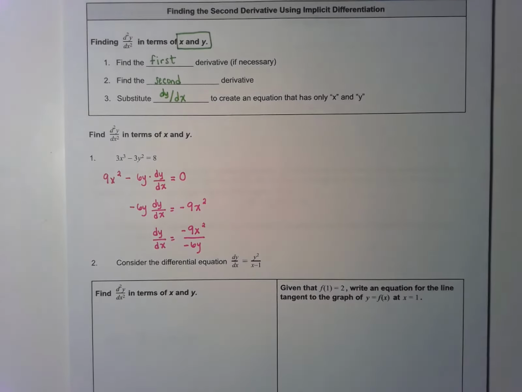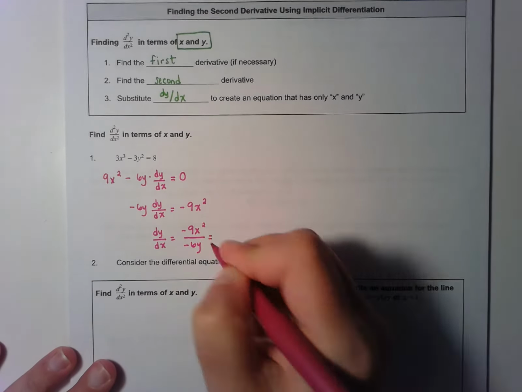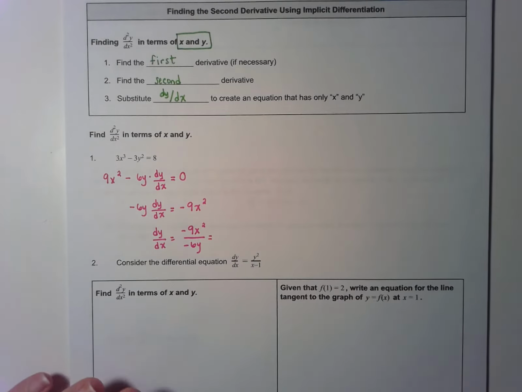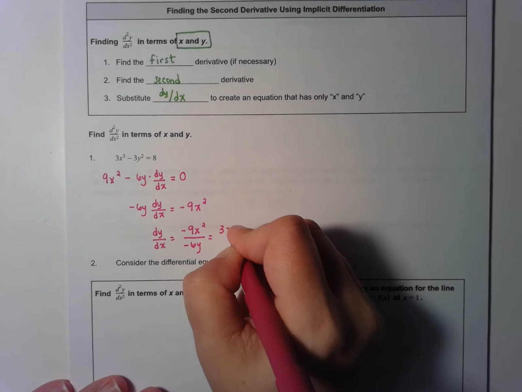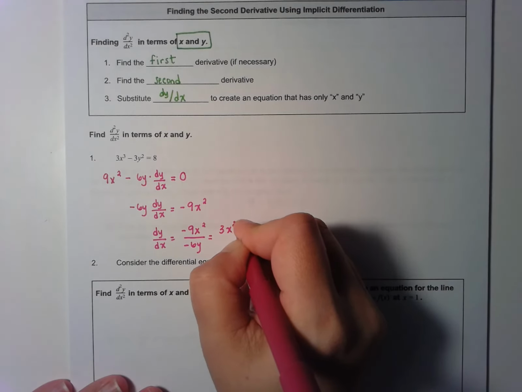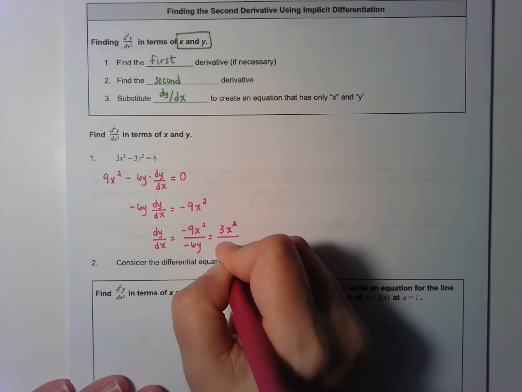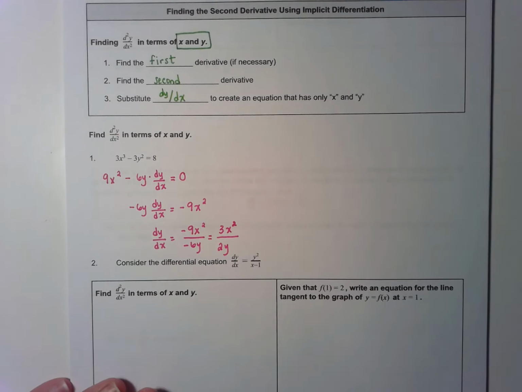Now I have a helpful hint for you, which is I would simplify this and reduce that fraction as much as possible. So since the 9 and the 6 are both negative and both divisible by 3, this fraction reduces to 3x squared over 2y. Now that's my first derivative.